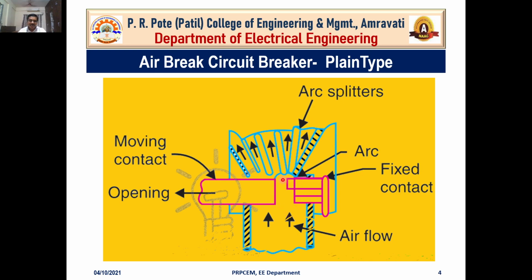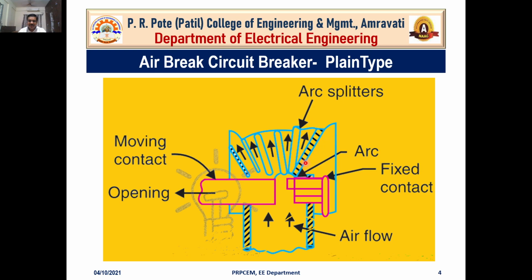So this arc is given direction with the help of airflow. There is an airflow, and the arc is directed to move in an upward direction with the help of current convection and magnetic field effects.